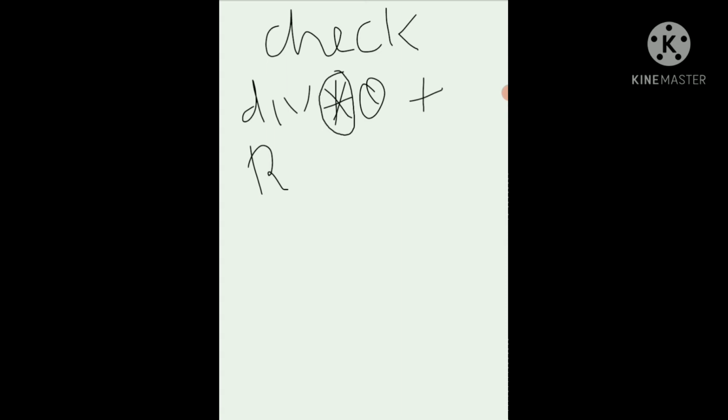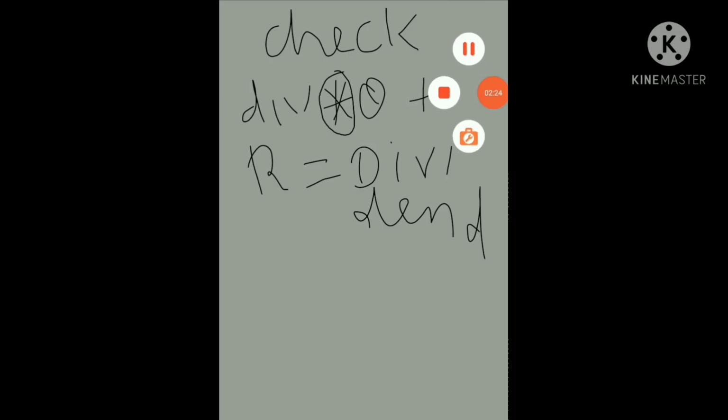Don't be confused, this one is into. So we will check like this: divisor into q, where q stands for quotient, plus r, where r stands for remainder, equal to dividend. D-I-V-I-D-E-N-D, dividend. In this way we will check. I hope you understood.